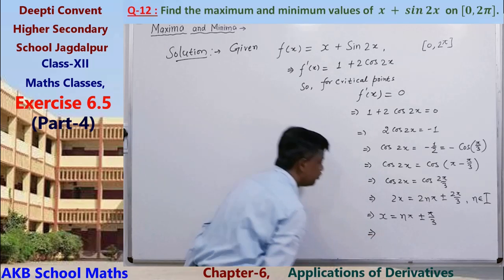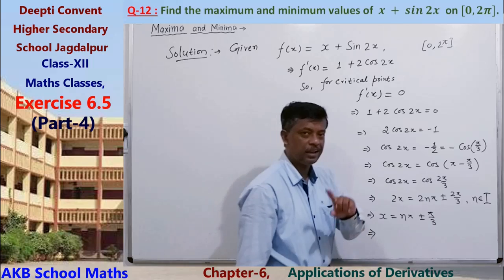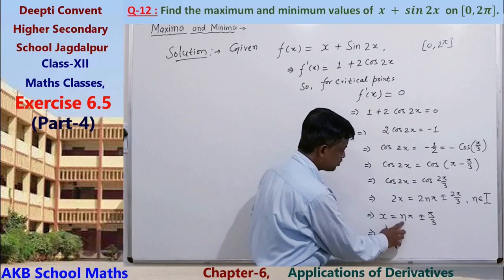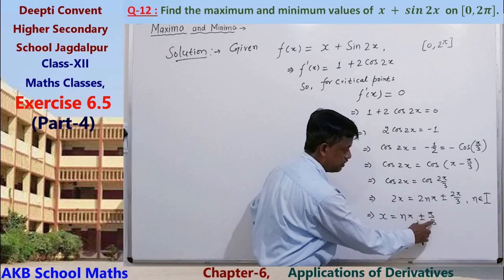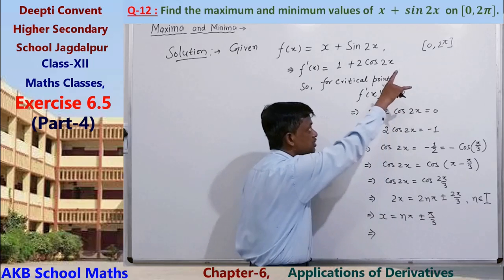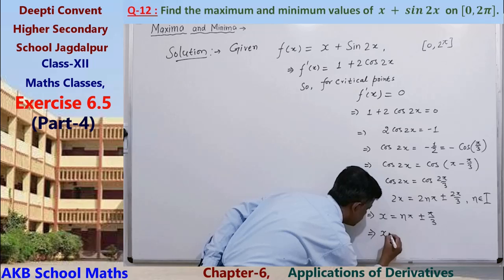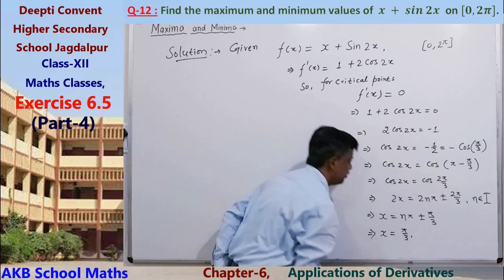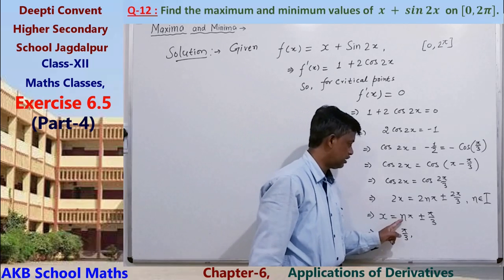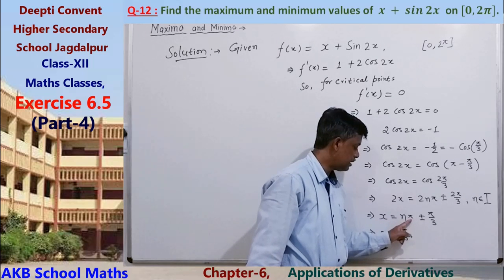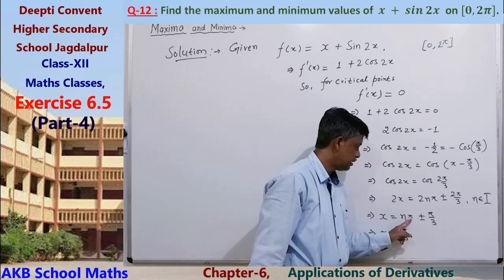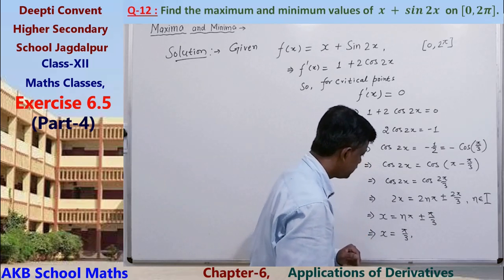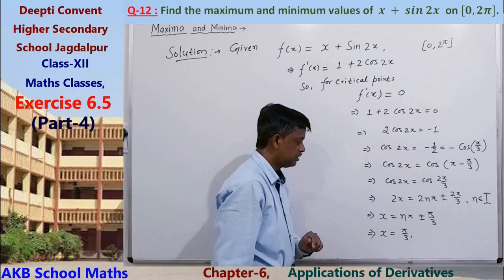We take those values which lie between 0 to 2 pi. So if n equals 0, then plus pi by 3, not minus pi by 3 for this interval. So x equals pi by 3, and if we put n equals 1, then pi minus pi by 3 gives 2 pi by 3.